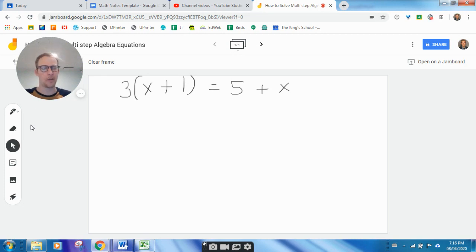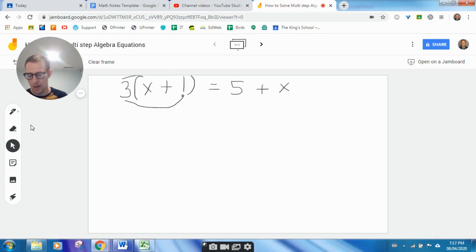So the first step is to simplify each side. We're going to do that by multiplying everything that's inside of these brackets by everything on the outside of these brackets. Usually we would follow BEDMAS, but we don't know what x is, so we can't exactly follow BEDMAS in this situation. So we're going to multiply 3 times x and 3 times 1, and write it out.